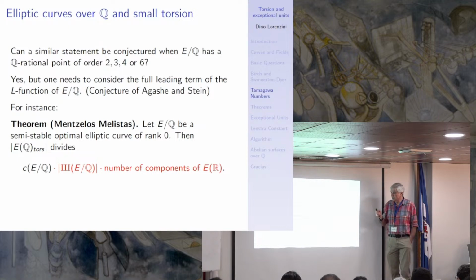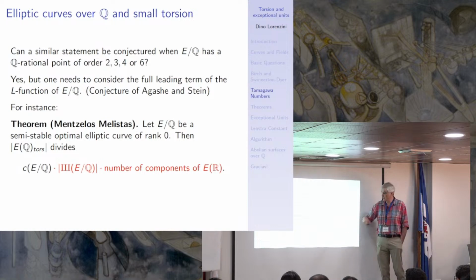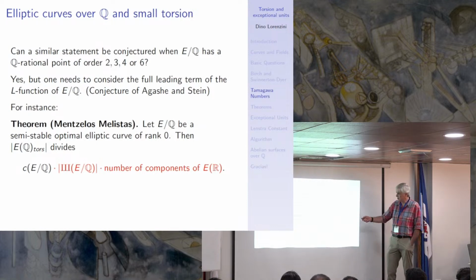If you take a semi-stable optimal elliptic curve over Q of rank 0, then the torsion part divides the usual thing, the product of the Tamagawa numbers, but then you have to put some other terms, the Sha and the number of components of E(R). This becomes completely different to prove because you have to show that Sha is not trivial.